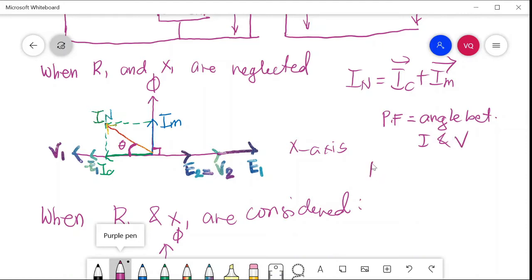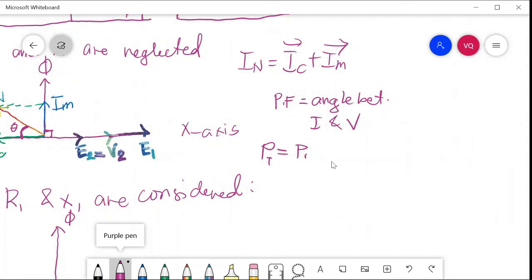So the input power or total power, PT or P1, is equal to V1 multiplied by IN cosine of theta.